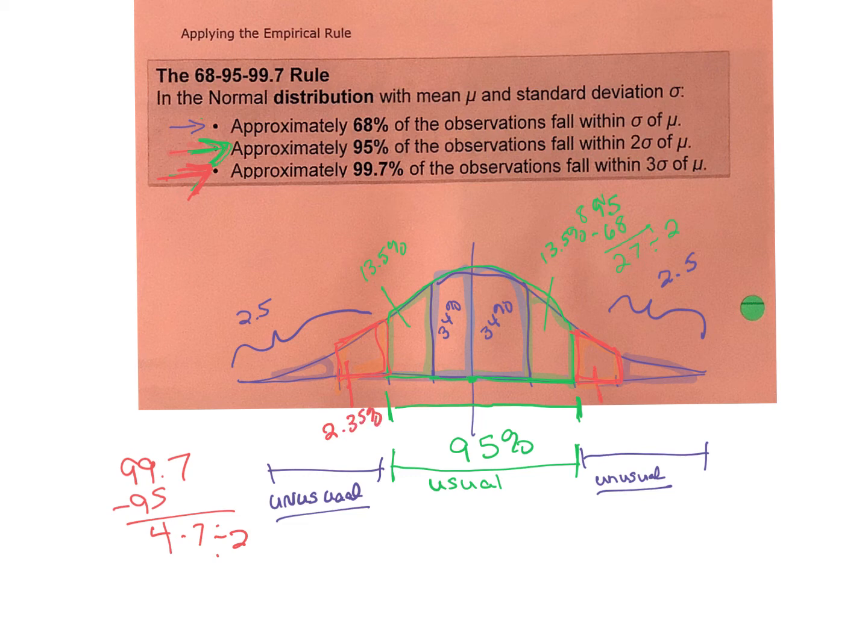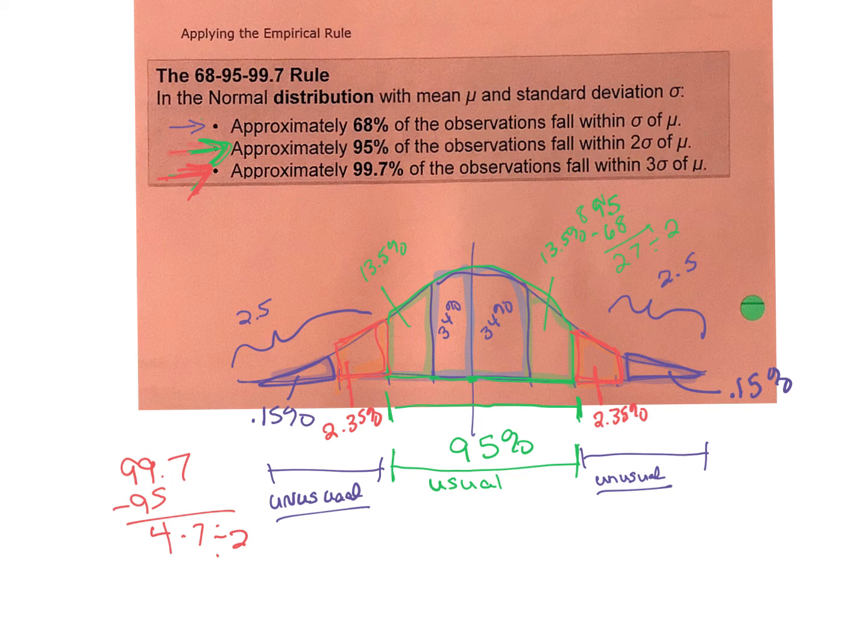So that means this little part is 2.35%. So if you do 2.5 minus 2.35, what you find is this little blip at each end of these graphs is 0.15%. So this little blip is 0.15%.